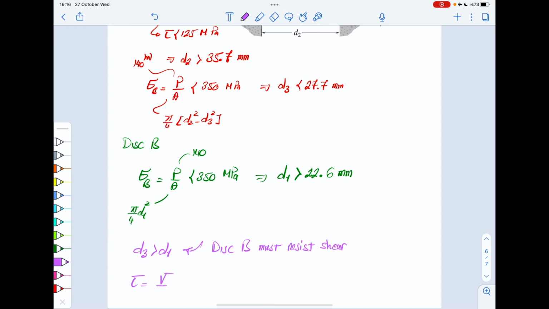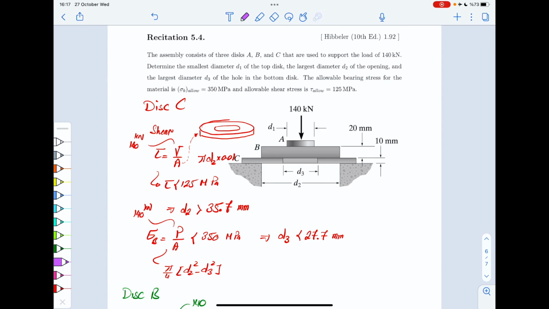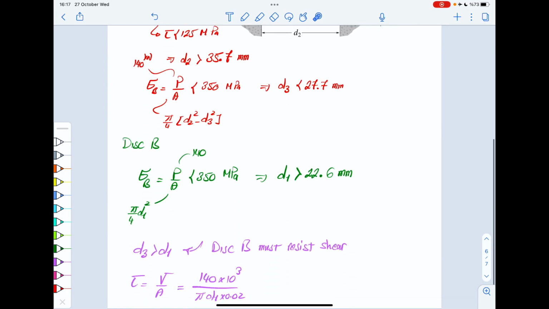Now you would say tau is V over A, and we want it to be less than 125. If you do it, you get 140 kilonewton divided by area, that's pi d1 times 0.02. Now, pay attention here. When we discussed this disk, the thickness was 0.01. Now the disk is 0.02. That's why it has a smaller diameter, but a larger thickness.